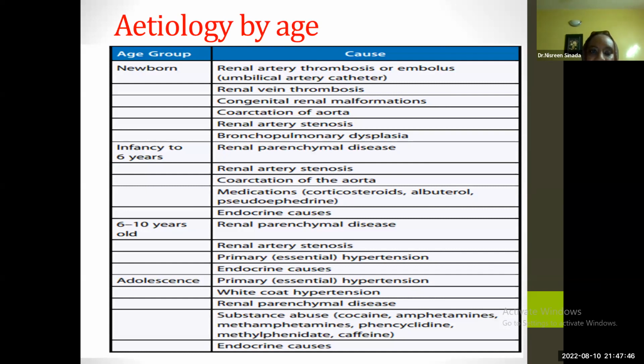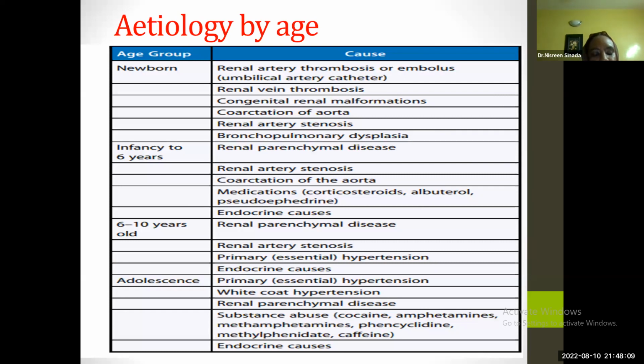In infancy to 6 years, the most common cause is renal parenchymal disease, renal artery stenosis, coarctation, and we should go through the medications the child has taken, corticosteroid or albuterol, and endocrine causes. From 6 to 10 years, renal parenchymal disease, renal artery stenosis, essential hypertension, and endocrine causes.